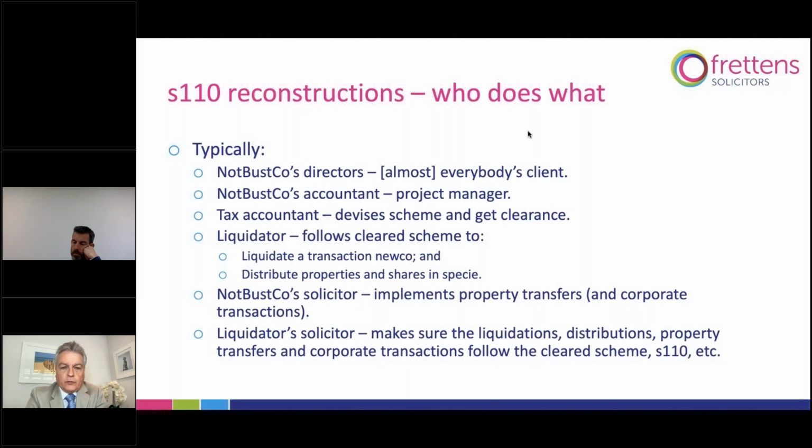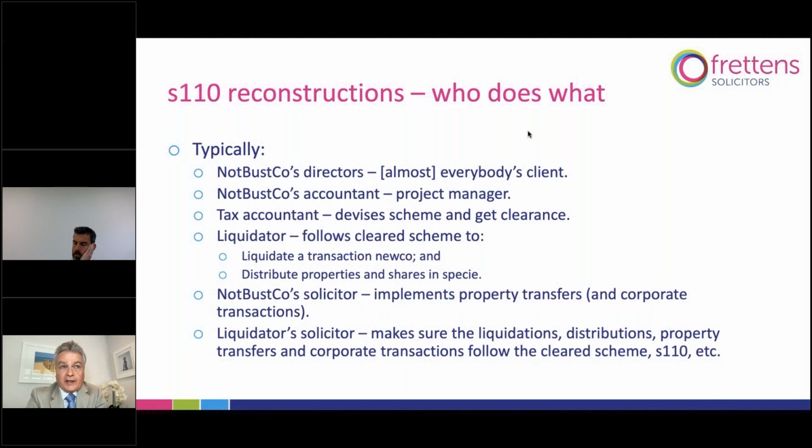In an ideal world, you would get to see the draft tax clearance before it goes to HMRC, and in an ideal world you would show that to me as well, and I can then spend a bit of time looking about how the liquidation would actually be implemented in terms of planning the particular transactions that are required to make it work.